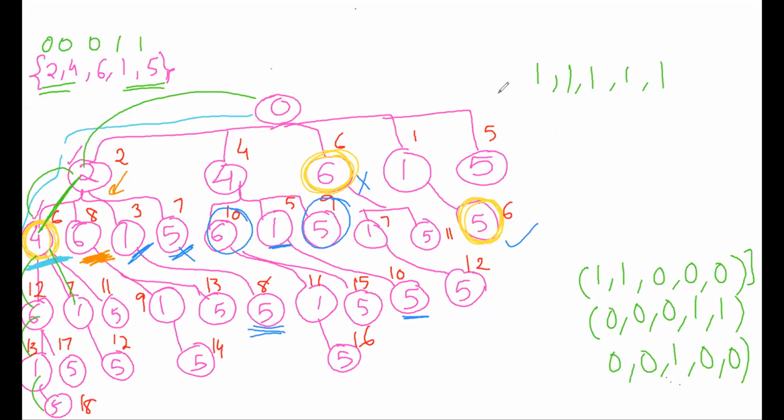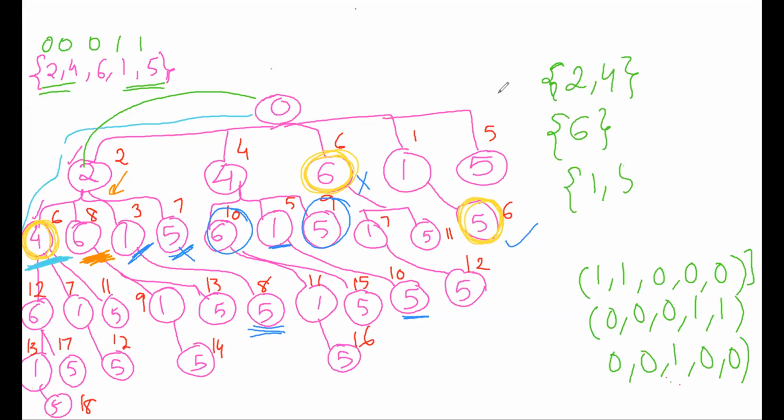We have a solution which is 2 and 4 based on the values. We have a solution which is 6, and we have a solution which is 1 and 5.